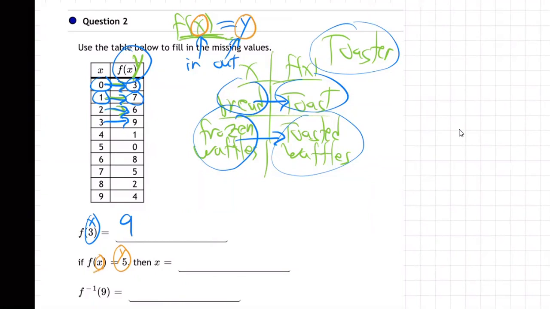So they're saying, what was x that went in that came out as 5? It's right here. You put in an x value of 7, you get out a y value of 5. So x must have been 7. Is that good? Questions I can answer so far?